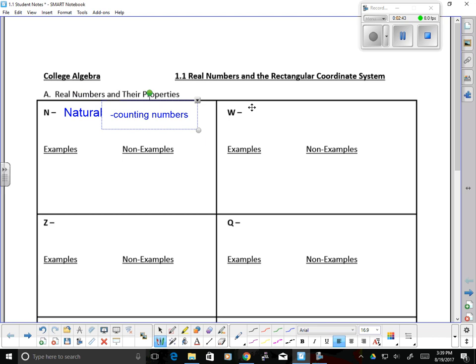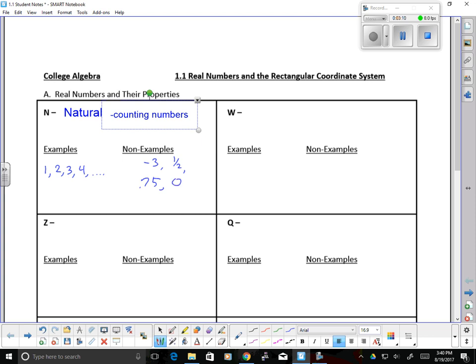And so we're talking about the numbers 1, 2, 3, 4. When you start teaching your little children to count, you're talking about those numbers. Non-examples would be negative numbers, fractional numbers, decimals, other representations, 0.75. Right? Those are all non-examples.